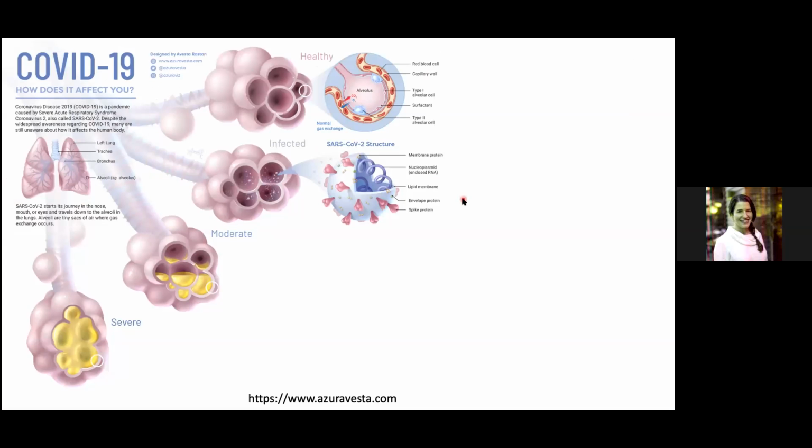Our immune systems kick in during viral infections as well. We've been hearing quite a bit about COVID-19 lately in the news. So here's an overview of what the virus does to our body. The virus can enter the body generally through the mouth or the nose, and from there, the virus shown here can make its way down into the air sacs inside of our lungs, known as alveoli.